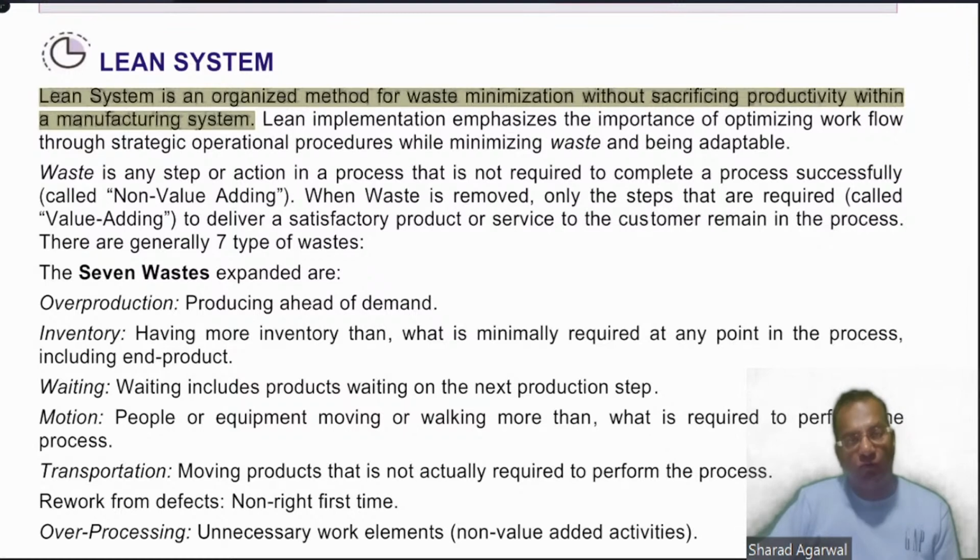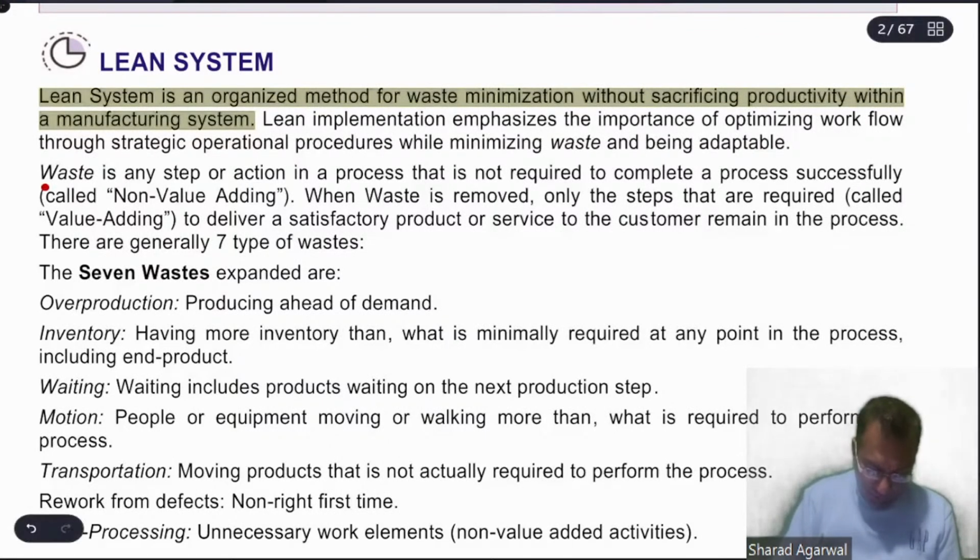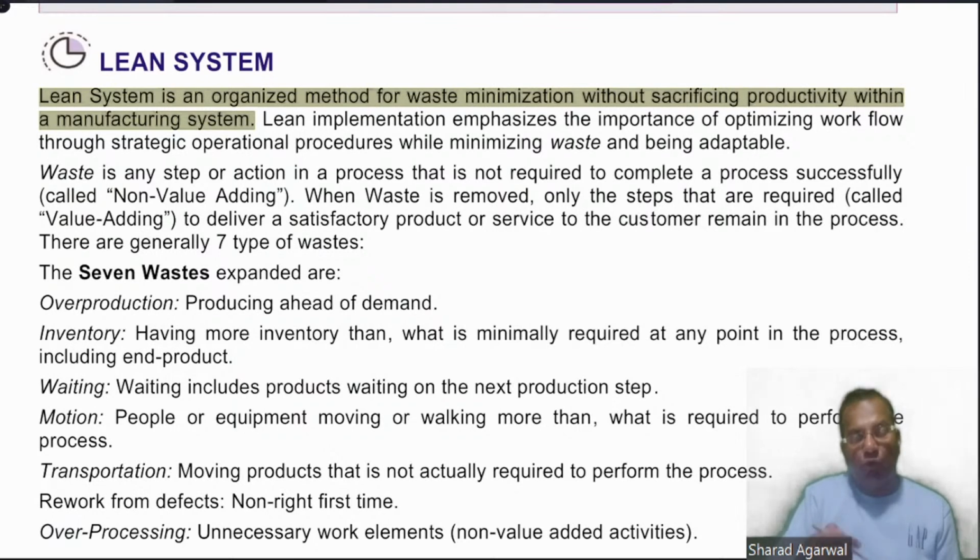Whenever you say non-value added activity, it is the abbreviation of waste. In this particular chapter, you have been guided further: what are the 7 types of waste in a manufacturing environment?